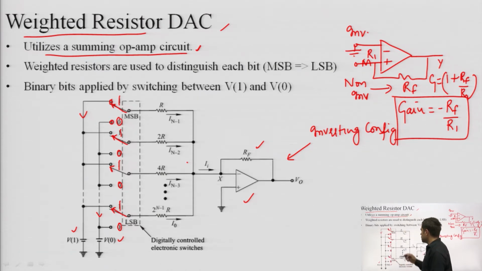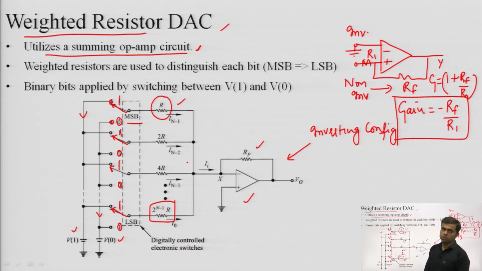You can see that R is the lowest resistance, and 2 raised to power n minus 1 times R is the highest resistance. The lowest resistance is marked as the MSB branch, and the last one is the LSB branch.